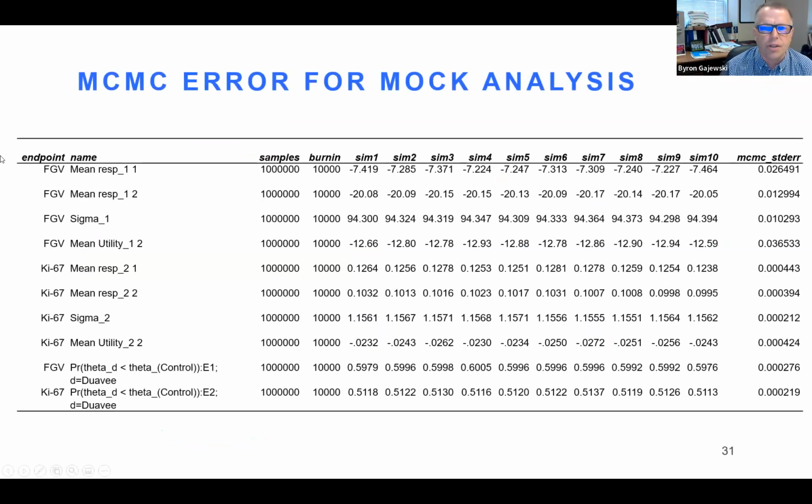So here is a result for the mock interim analysis. And basically, if you look down at the bottom, here's the posterior probability. We did 1,000,000 draws after 10,000 burn-ins. You get different posterior probabilities. And this MCMC standard error is 0.000276.